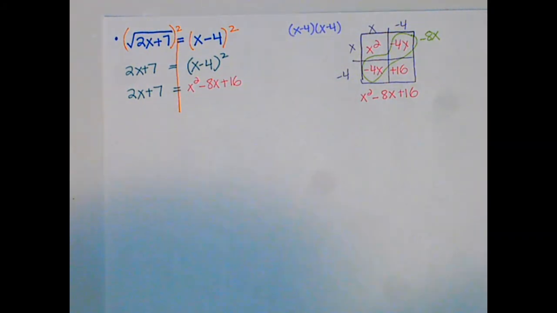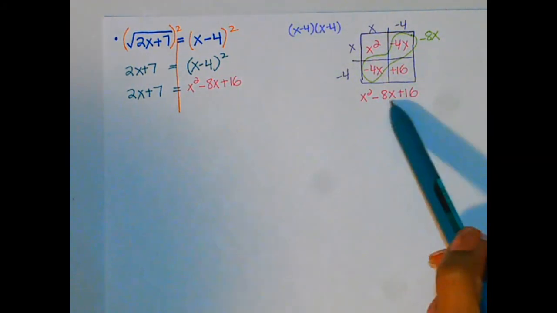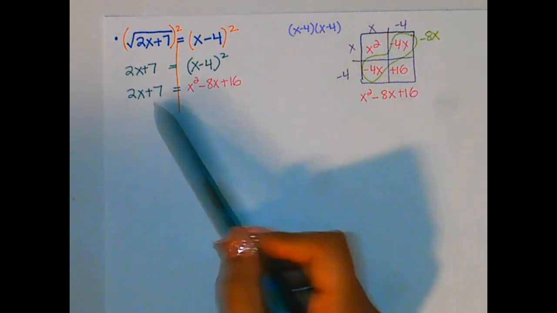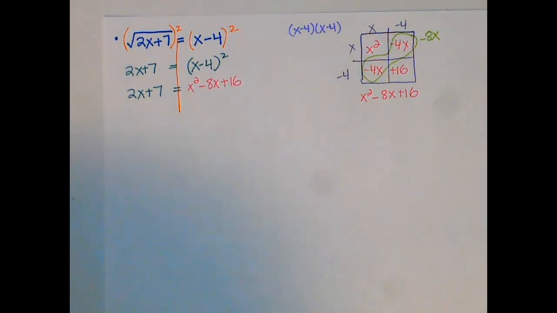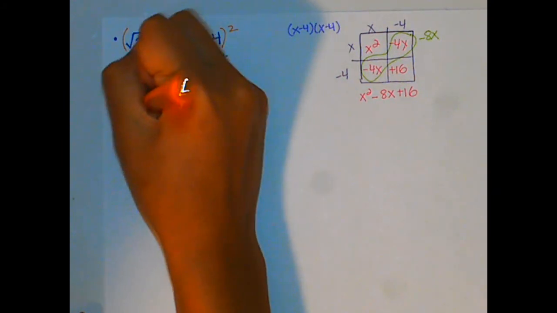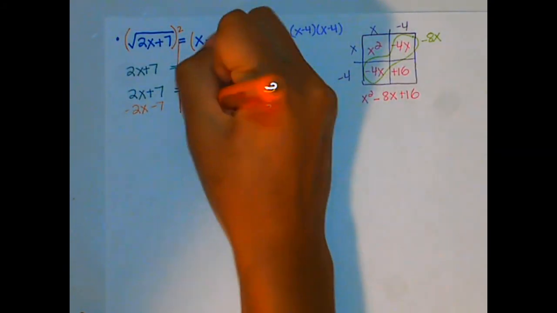When you multiply that out, you should have gotten x squared minus 8x plus 16. What you want to do here at this point is start combining your like terms. To do that, I am going to subtract my 2x and my 7 from both sides.